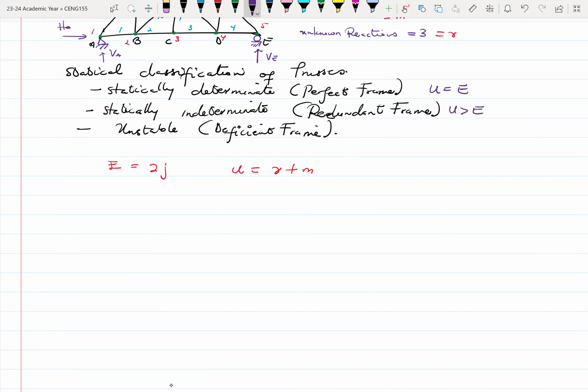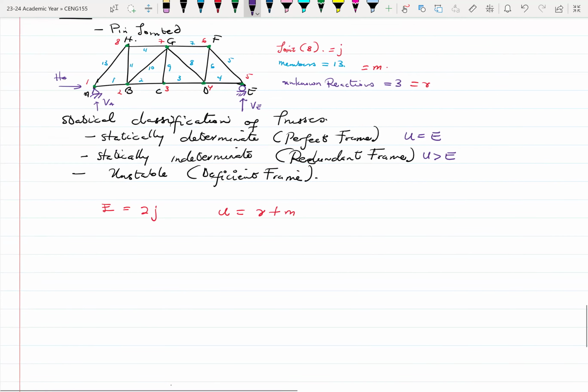All right, so let me go with the classification again. Just like with the beams that we looked at previously, with trusses we also need to classify them to see if they are statically determinate or otherwise. To do that, we look at a few things.